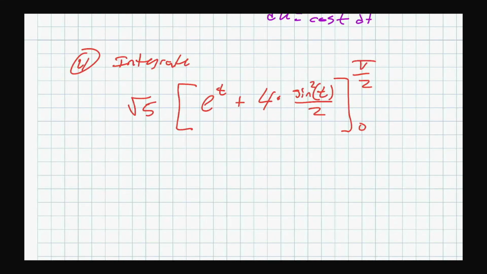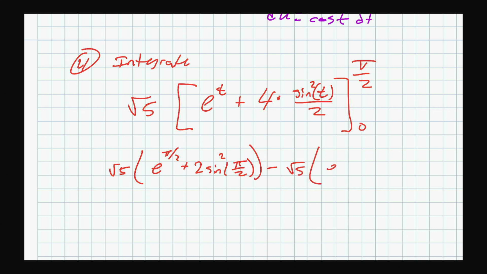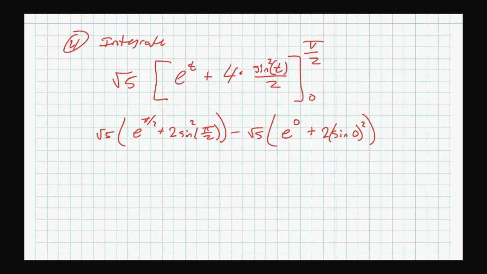So, you can work this out. Square root 5, put in pi over 2, you get e to the pi over 2 plus 2 sine squared of pi over 2, minus root 5 times, putting in the 0, e to the 0 plus 2 sine squared 0. So we end up with e to the pi over 2 plus 2.